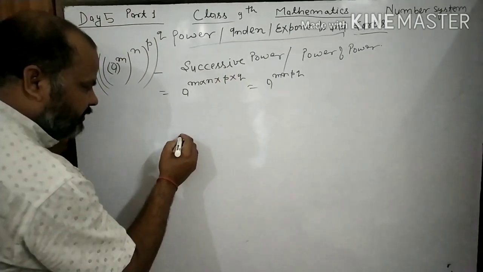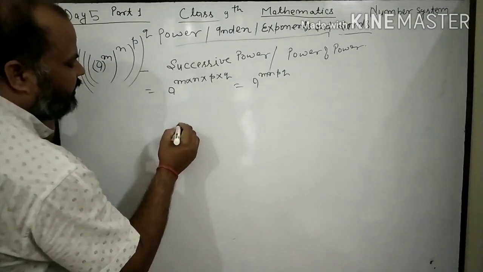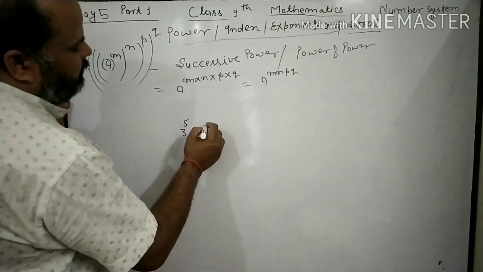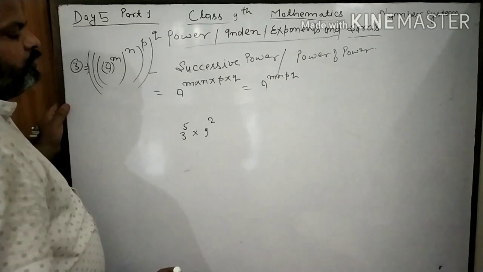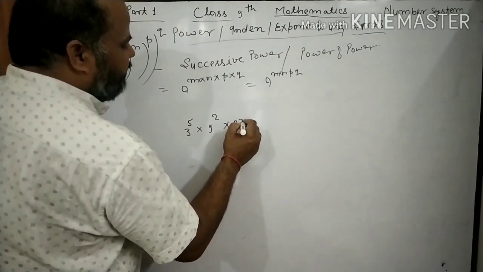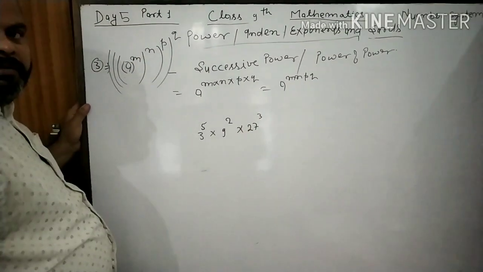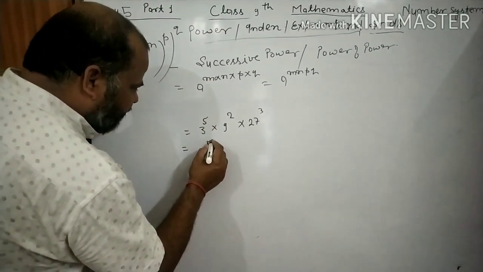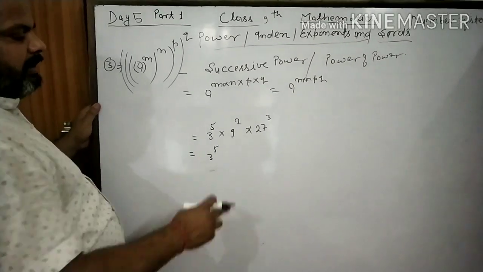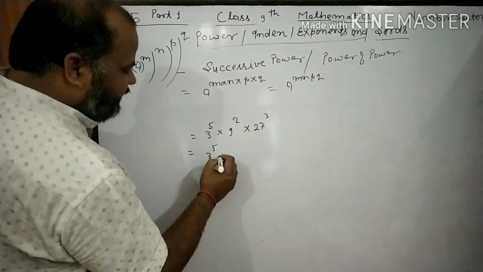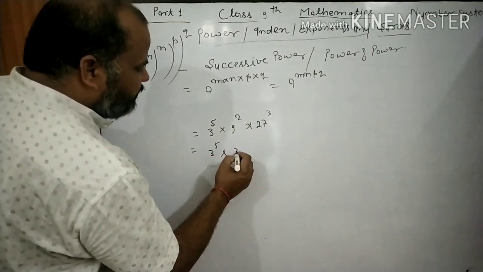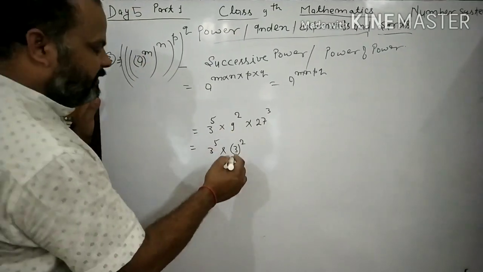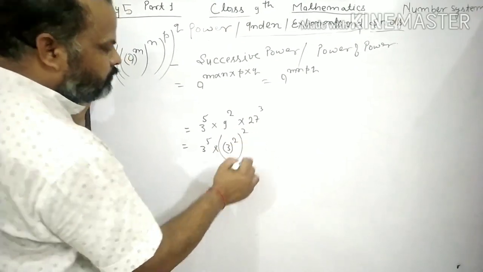See with the example. Here 3 to the power 5, 9 to the power 2, 27 to the power 3. 3 is the prime number, 9 is the composite number, so 9 is written 3 square, and 3 square means 9, to the power 2.